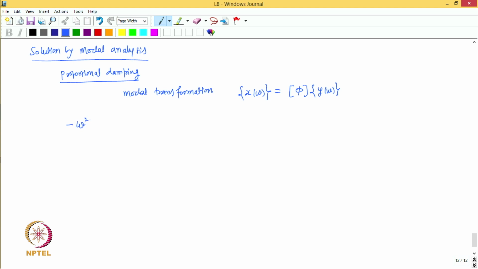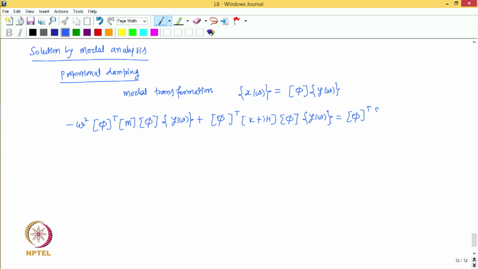Let us write that: minus omega square phi transpose M phi y of omega plus phi transpose (K plus i H) phi y of omega is equal to phi transpose f of omega.